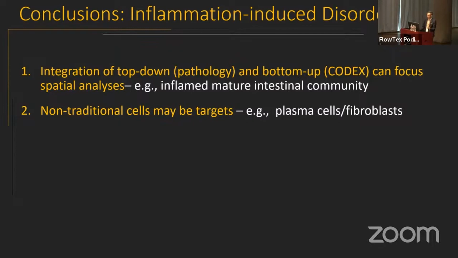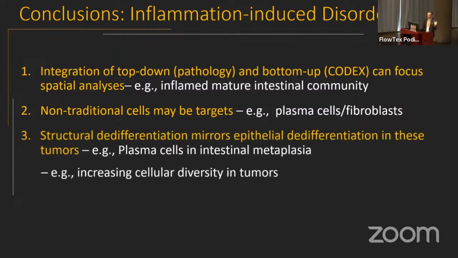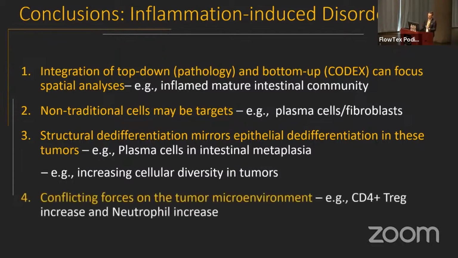They're not non-traditional cells. This structural de-differentiation that mirrors the epithelial de-differentiation is really interesting because it's a provocative idea. Maybe it was the stroma that changed before the epithelial cells and caused the epithelial cells to change, or the reverse? And I'm not going to talk more about that now.